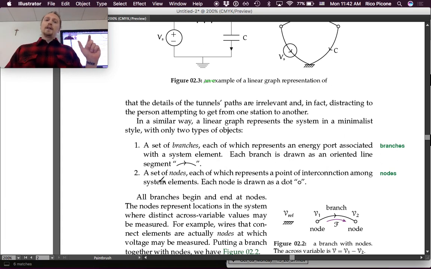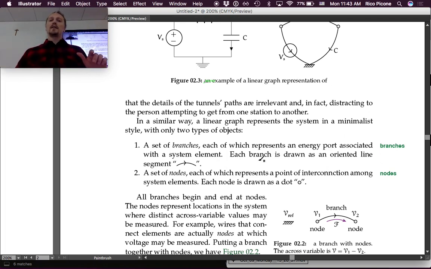And the other thing that's in there are nodes. Each node represents a point of interconnection among system elements and is drawn as a dot, like that. The form of the dot doesn't really matter. It can be an open dot, it can be a closed dot, either one's valid. But the idea with these nodes is that they represent where branches interconnect to each other.